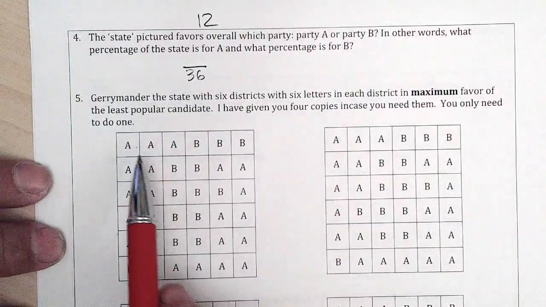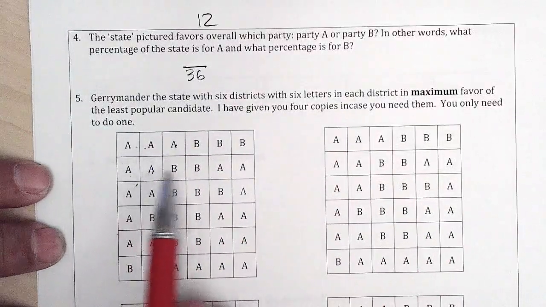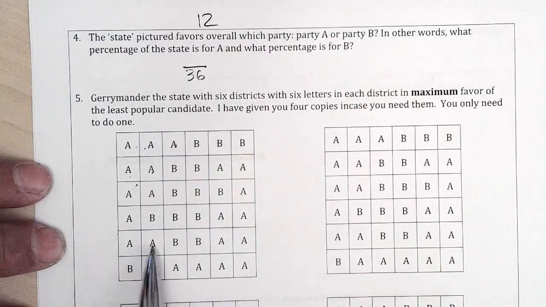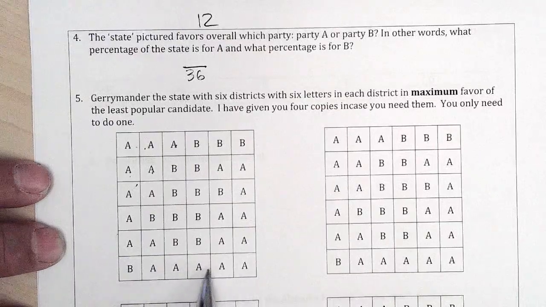And A has 1, 2, 3, 4, 5, 6, 7, 8, 9, 10, 11, 12, 13, 14, 15, 16, 17, 18, 19, 20, 21, 22.